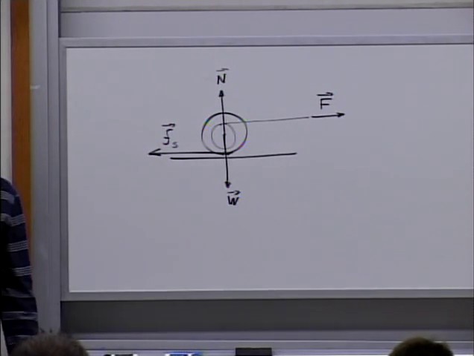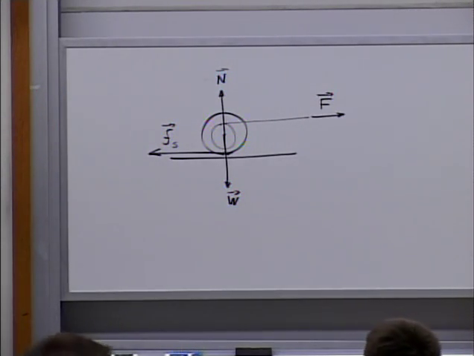This was, however, not the best choice of the reference point. When you solve problems, and particularly in statics, choose a point so that you can make as many torques 0 as possible. So try another point.